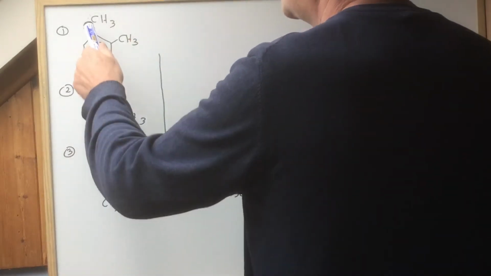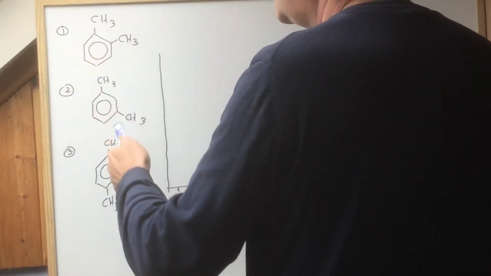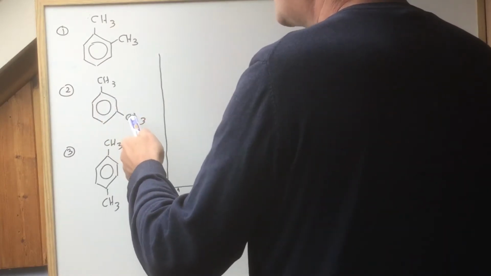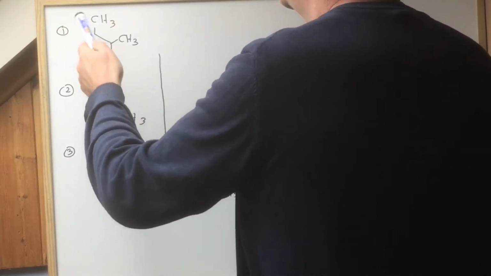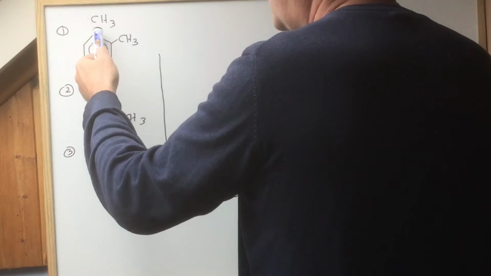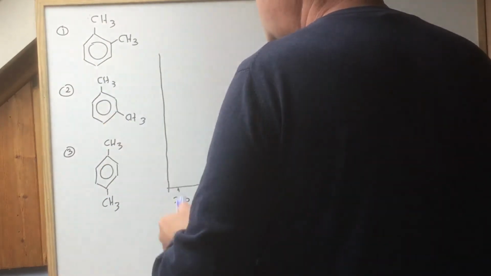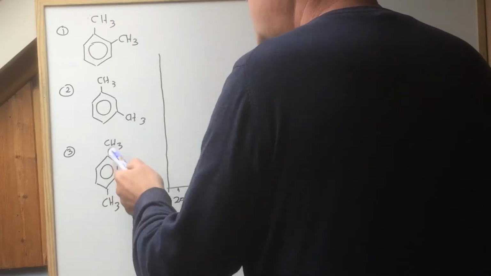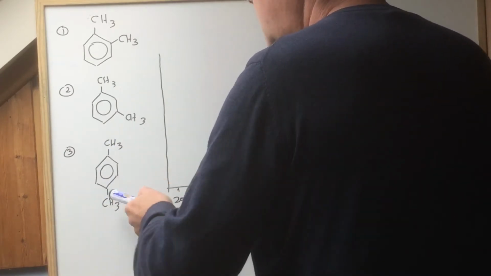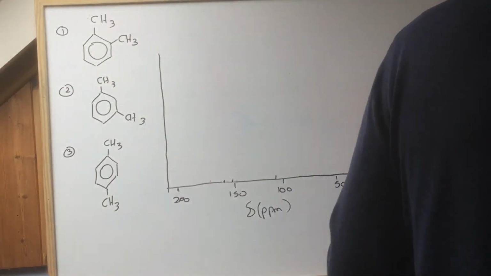So I reckon that's 1,2-dichlorobenzene, 1,3-dichlorobenzene, 1,2-dimethylbenzene, 1,3-dimethylbenzene, 1,4-dimethylbenzene. Okay, let's have a look at the chemical shifts.